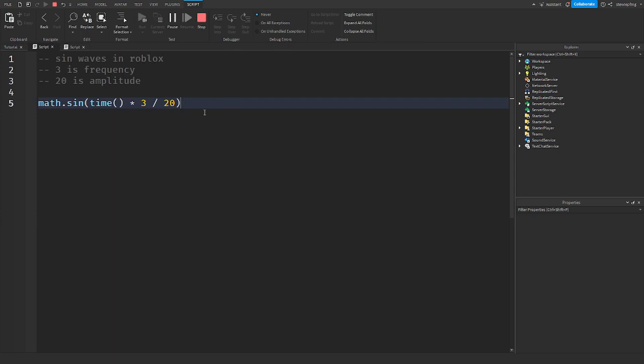So here is basically the sine wave itself. Sine waves in Roblox: the 3 is the frequency, 20 is the amplitude.